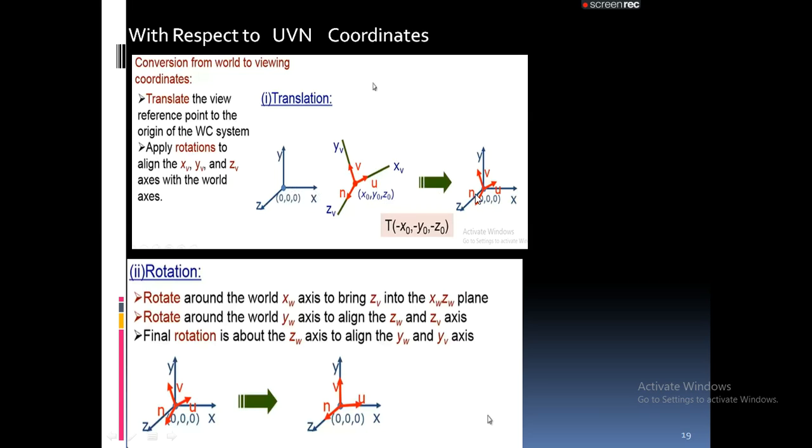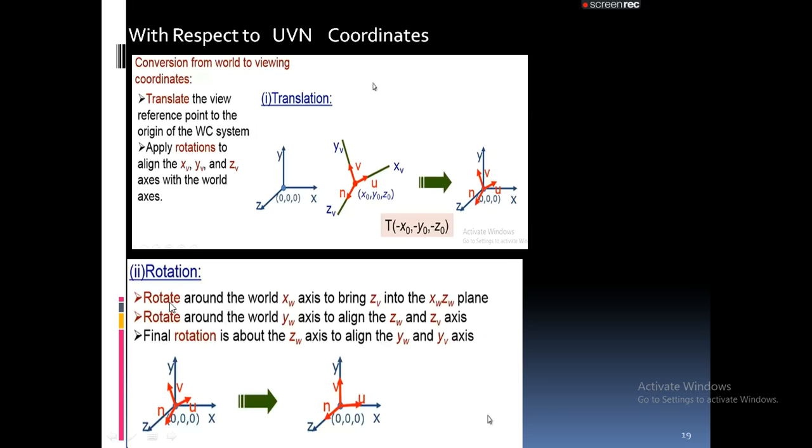So the outcome of the translation is like this. See the diagram: U, V, N. U is the x-axis with respect to the camera, V is the y-axis with respect to the camera coordinates, and N is the z-axis with respect to the viewing coordinates. See that none of the unit vectors U, V, N is parallel to any of the coordinate axes.